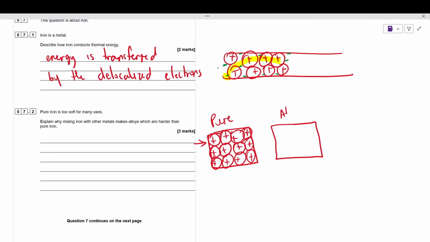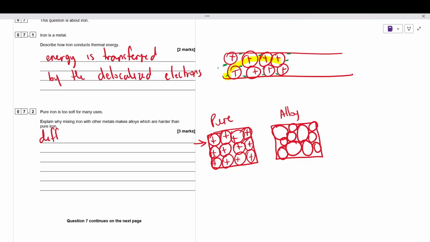But if I have an alloy, which means I've mixed it with other metals, or in some cases with a non-metal, it means that it's not going to have that regular arrangement anymore. So that regular row that we're used to, it's no longer there. And if it's no longer there, it means those positive metal ions are no longer sliding over each other easily.